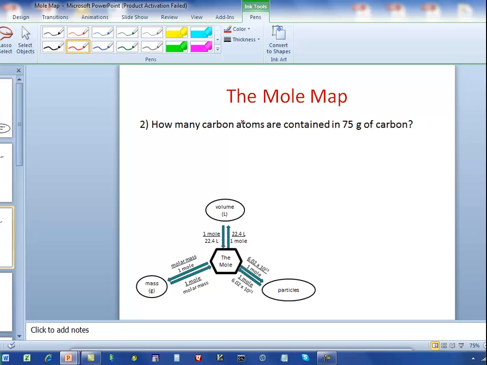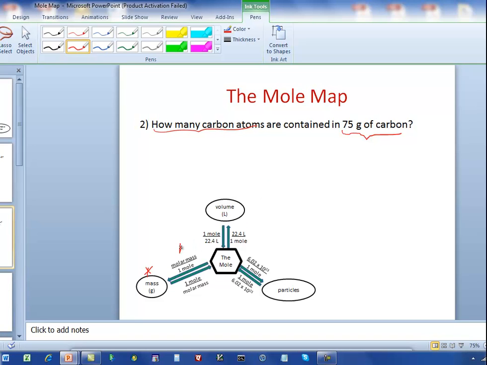Okay, so what you're given in the problem is that you've got 75 grams of carbon. On the mole map, one analogy I've made with some of my classes is that it's like a subway map. For this particular problem, we're starting right here at the mass station, and we need to take the subway to the mole station, which is kind of like Grand Central, and then from there we need to go to particles, because the problem is asking how many carbon atoms, and carbon atoms are clearly a particle problem.